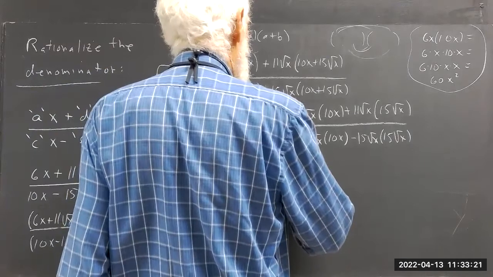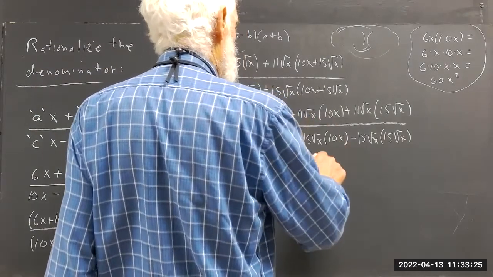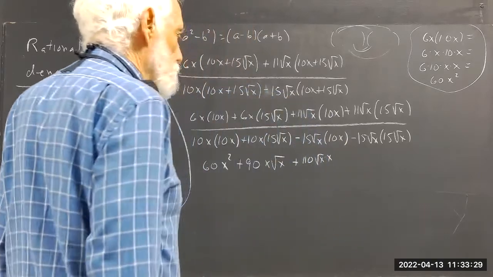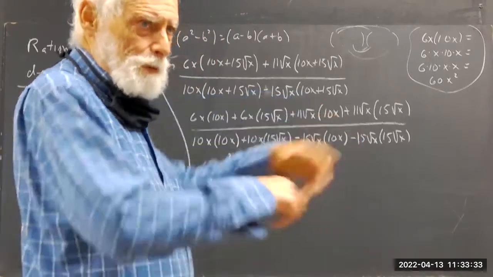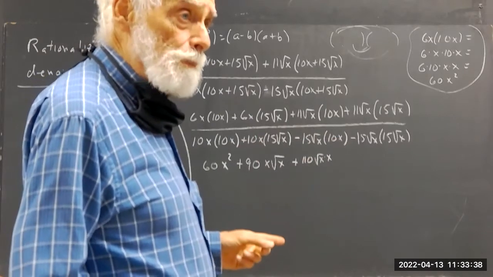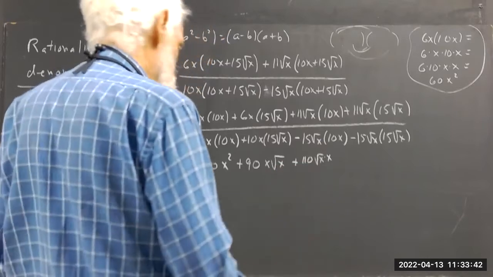Anyhow, then we have 11 times 10 square root of x times x. And you want to be careful that you don't extend that square root over this x, just by being a little careless the way you write it. You see that okay? It's 110, and let me write it there.